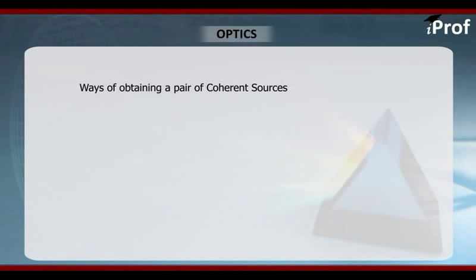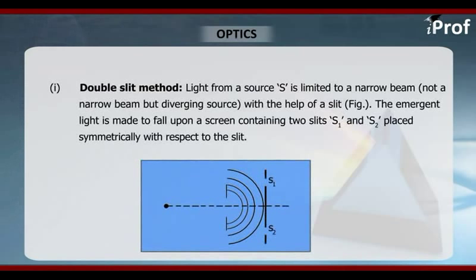Now let's see some of the common methods to produce a pair of coherent sources. The double slit method. In the double slit method, light from source S is limited to a narrow beam with the help of a slit S. The emergent light is made to fall upon a screen containing two slits S1 and S2 placed symmetrically with respect to the slit.